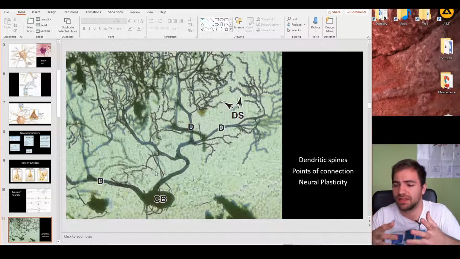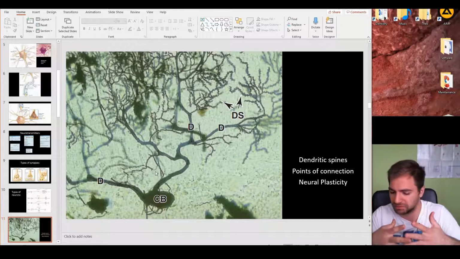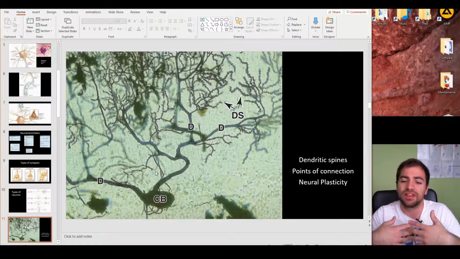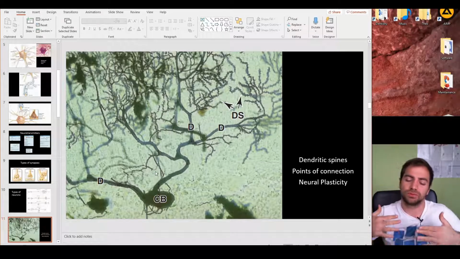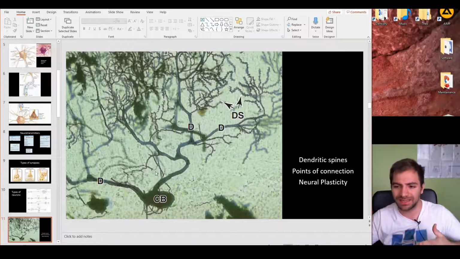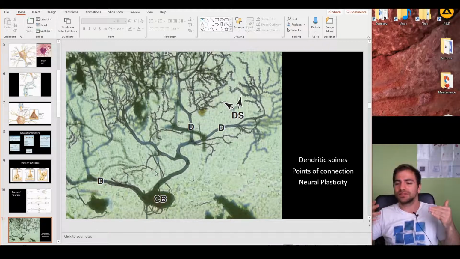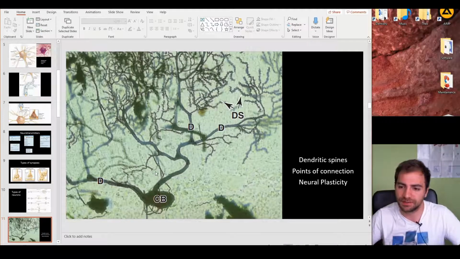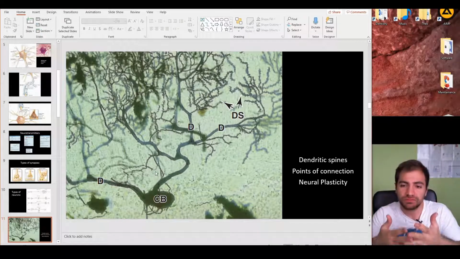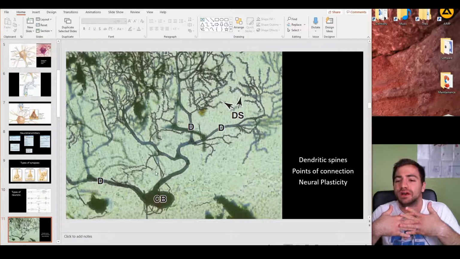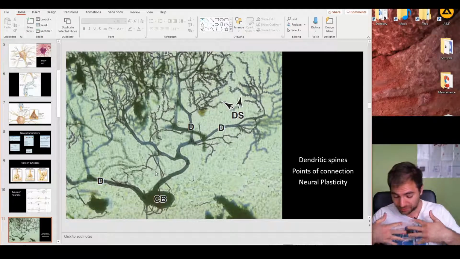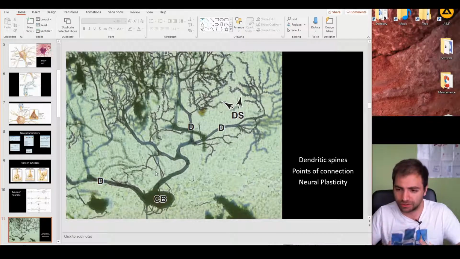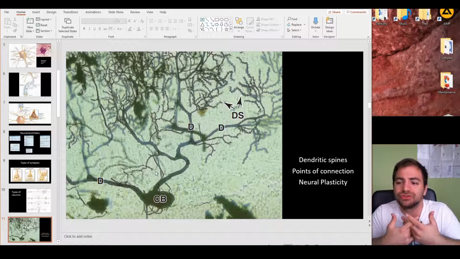So whenever there's a death of a group of cells or an area of these neurons, the human brain tends to create many synapses to compensate for this loss of synapses. The alive and remaining nerves tend to create more dendritic spines.